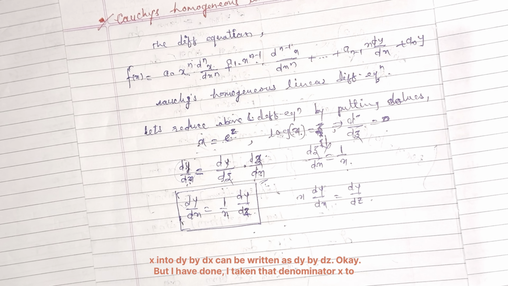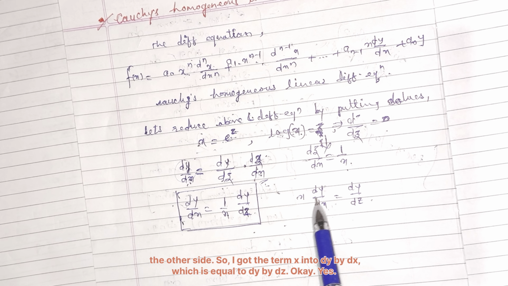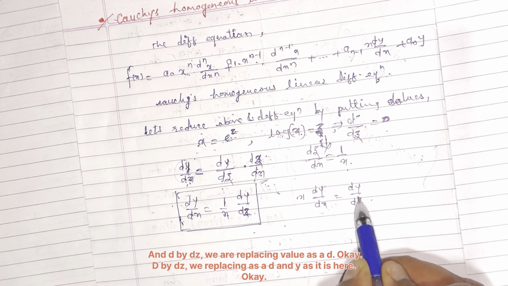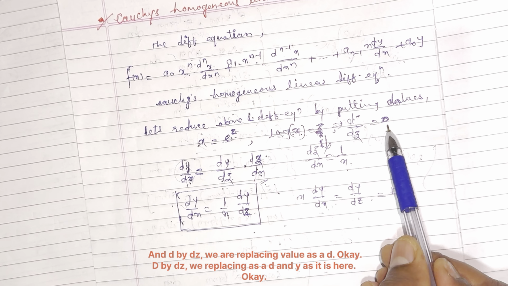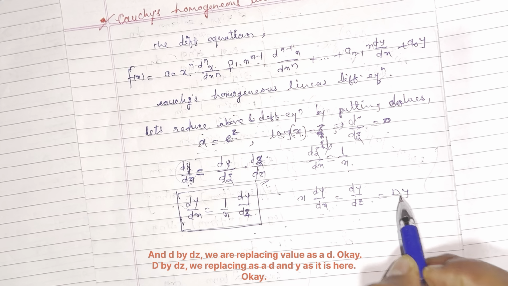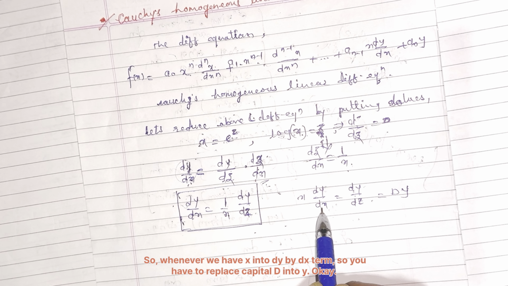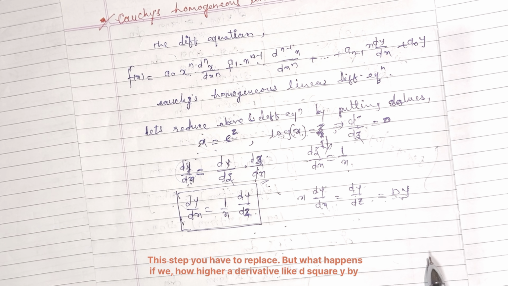What I have done is taken that denominator x to the other side, so I got the term x into dy by dx, which is equal to dy by dz. And d by dz we are replacing as D, and y as it is. So whenever we have the x into dy by dx term, you have to replace it with capital D into y. This step you have to replace.